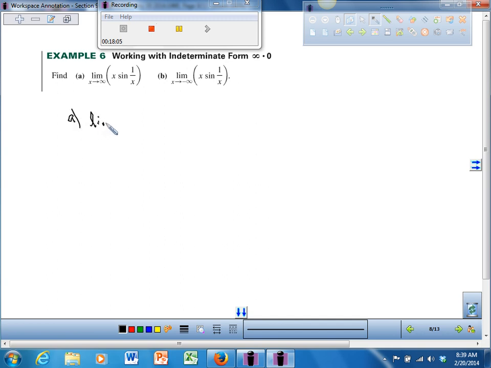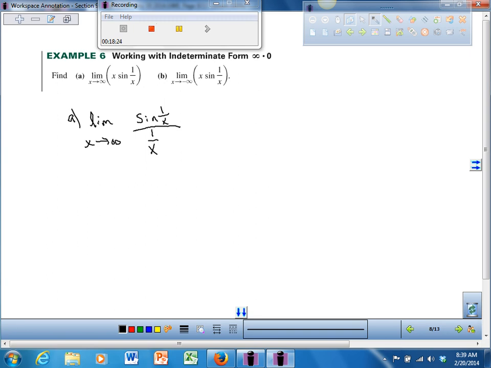The limit as x approaches infinity. How can I rewrite this? X times sine of 1 over x is the same thing as sine of 1 over x over what? X to the negative 1, or 1 over x. Does everyone see that? Multiplying by x is exactly the same as dividing by 1 over x.